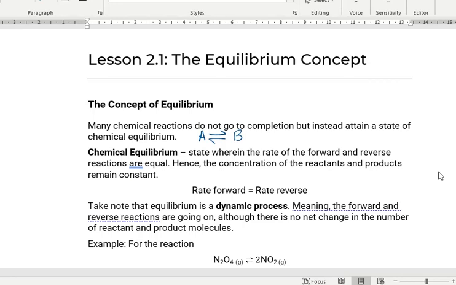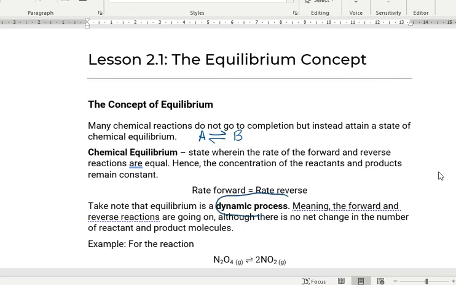So, in chemical equilibrium, it doesn't really mean that because the concentration of A and the concentration of B have remained constant, like they no longer change, the reaction has stopped. It seems like the reaction has stopped, but actually, equilibrium is a dynamic process, okay?